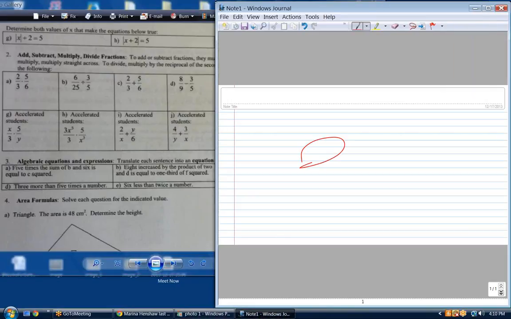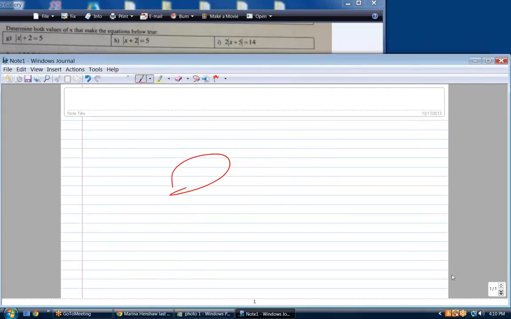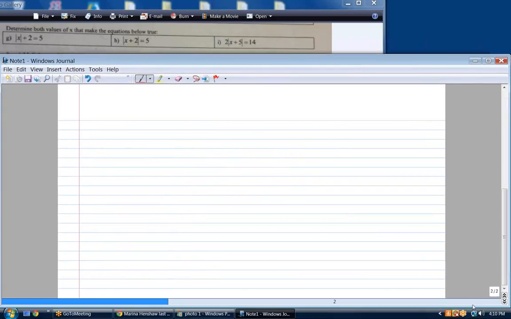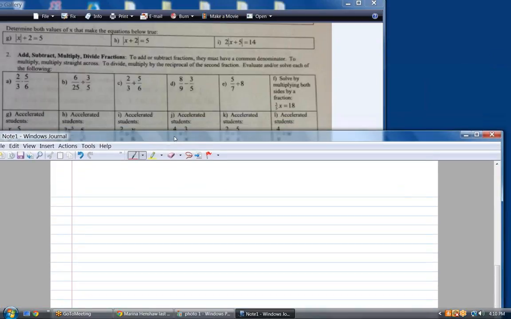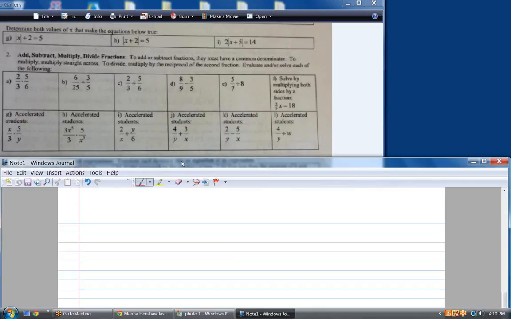Let me put my... Let's start at the top. What's the first step I want to do here? I don't have to do that problem. I just have to do number 2, 3, and 4 on this page, because I understand that one. Okay, that's fine.